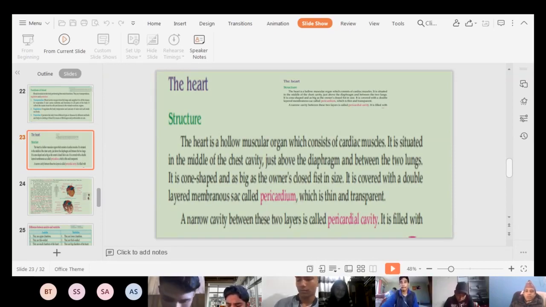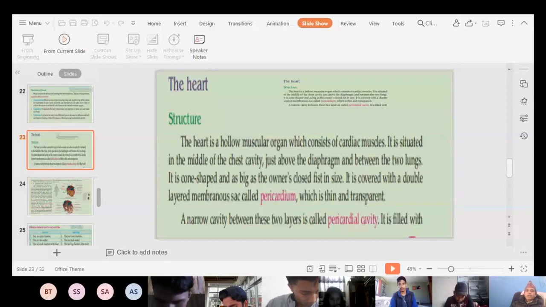In between two layers of pericardium, there is one gap, the pericardial cavity. That pericardial cavity is filled with a liquid. That liquid is called pericardial fluid. Please mark it. And what does the pericardial fluid do?